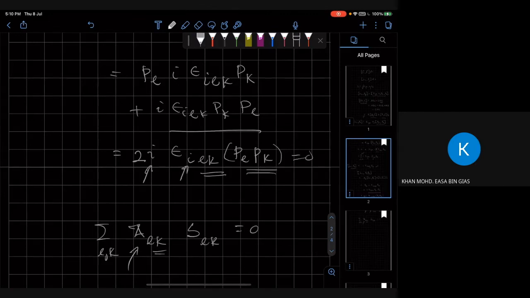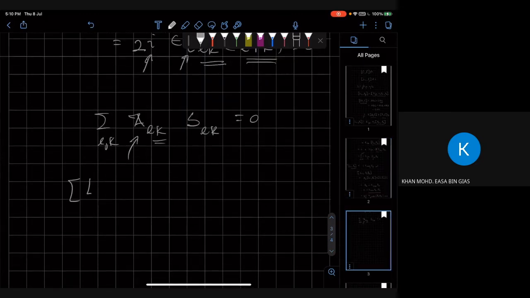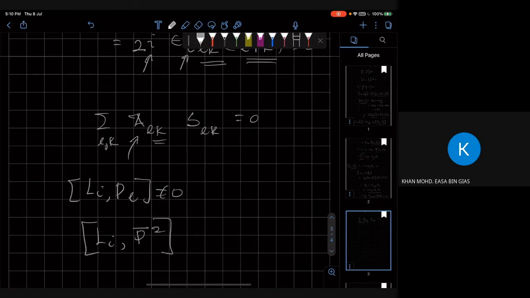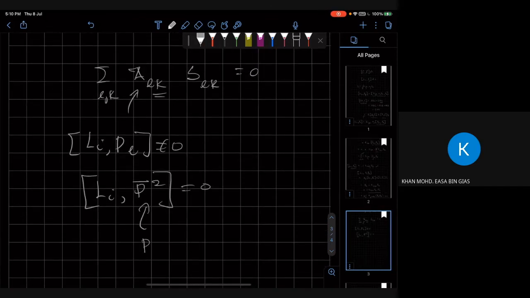And therefore, this is 0. And thus, we see that although [L_i, p_l] is non-zero, [L_i, P squared] is 0, where P squared means P1 squared plus P2 squared plus P3 squared. Okay? Does that make sense?